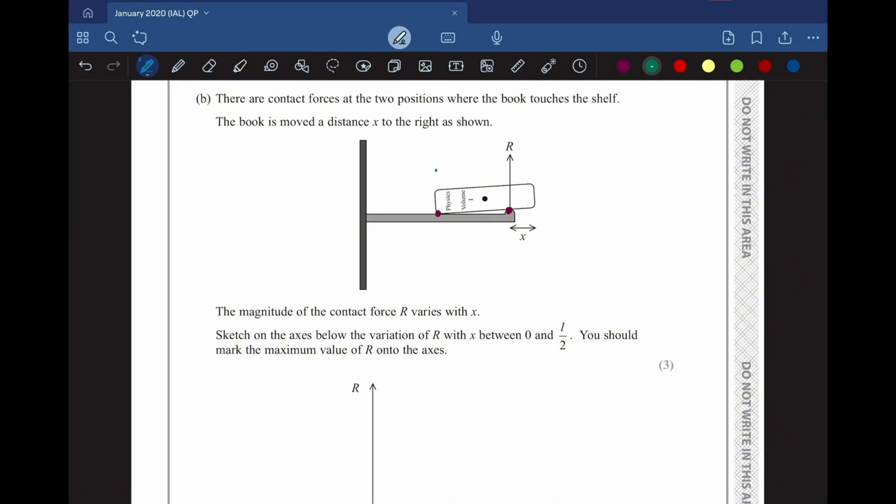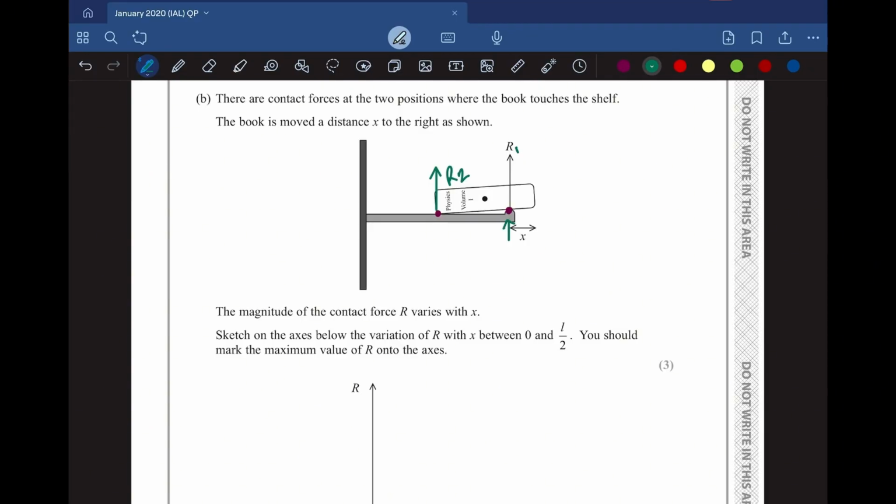So basically this is going to be our other normal reaction force, which is going to be R2, and let's say this is our normal reaction force 1. Now it says the book is moved a distance x to the right as shown. So the book is already moved a distance of x from this position.